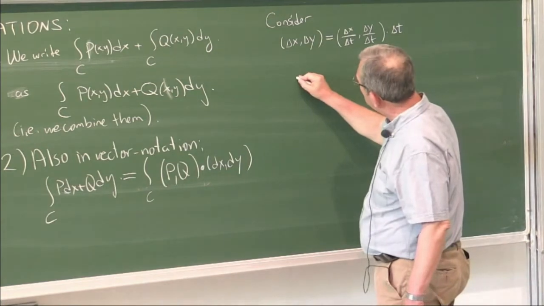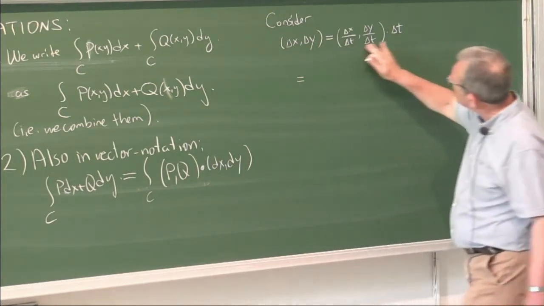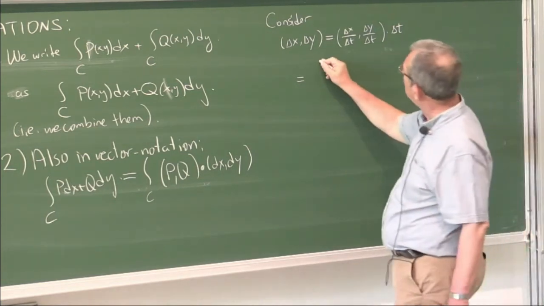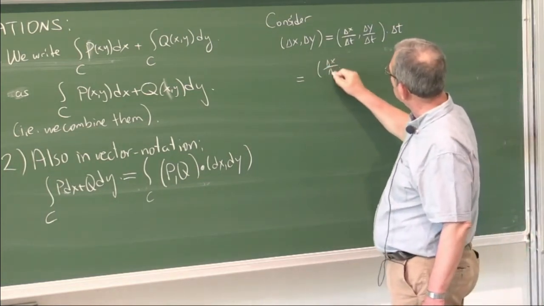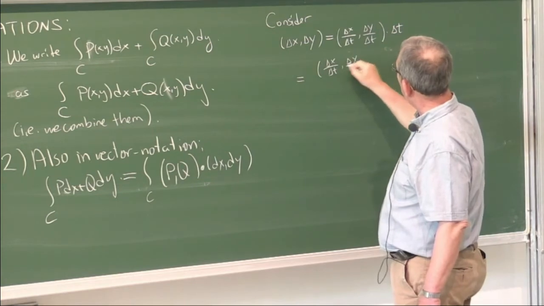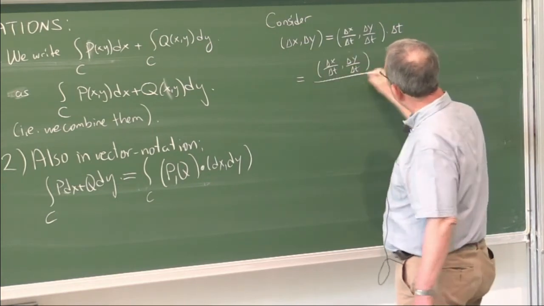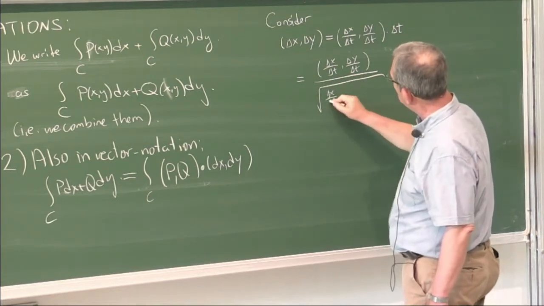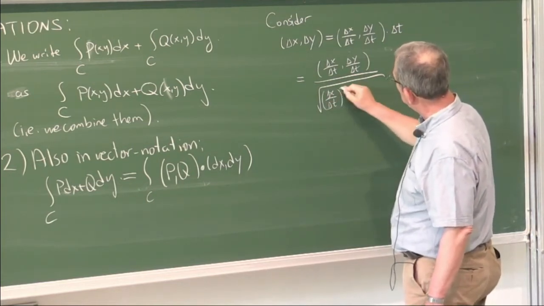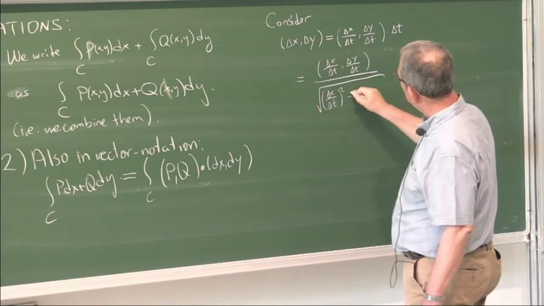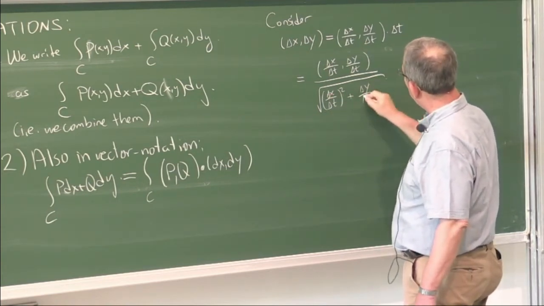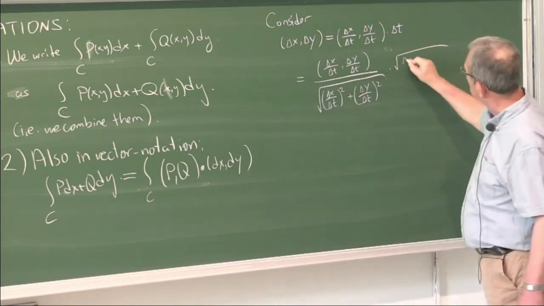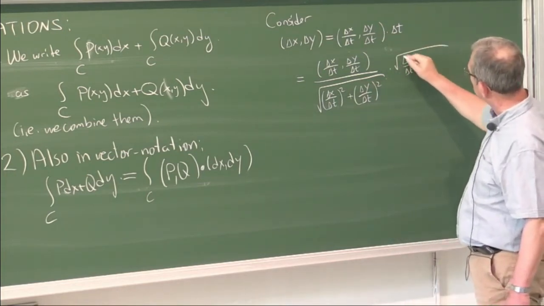We can furthermore, instead of this vector, put a unit vector. That's to say, I can put here delta x over delta t, delta y over delta t, divided by the square root of (delta x over delta t) squared plus (delta y over delta t) squared.